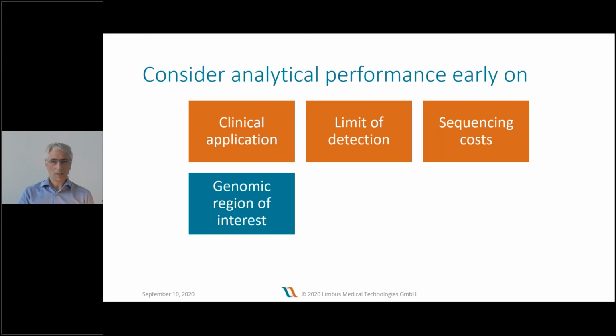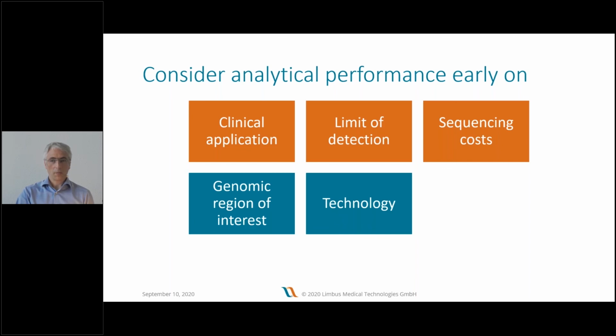So make sure that you understand what the minimum region of interest is to make this assay useful. The limit of detection that you would like to achieve basically determines the technologies in the wet lab that you need to apply.